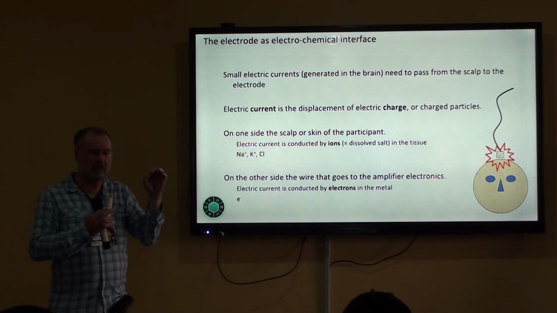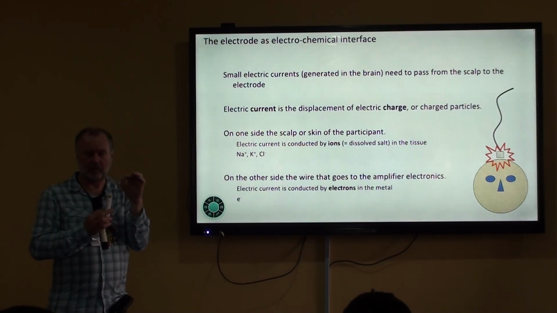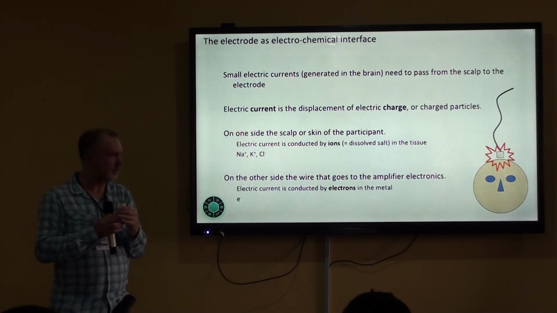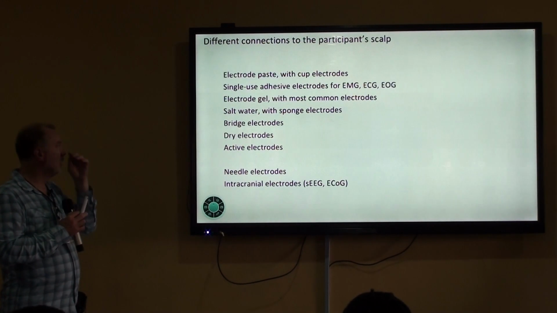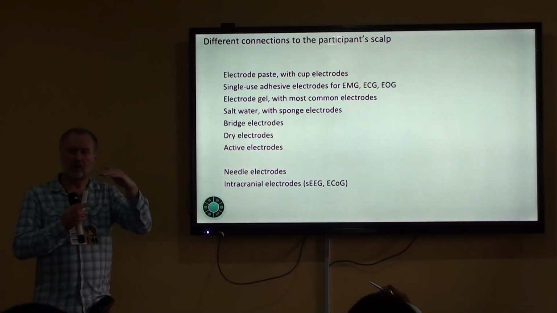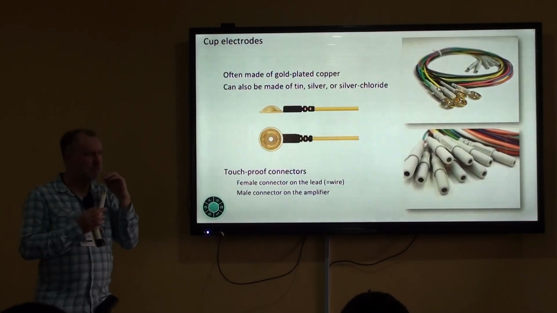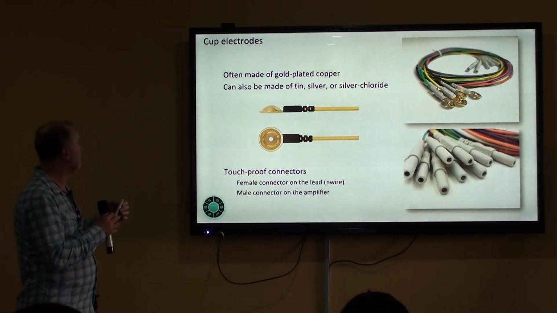This means that actually getting a good contact is not so much about getting pressure, but it's about getting electrolyte in between the electrode and the scalp. So there's different ways that we can bridge the gap between the electrode and the scalp.